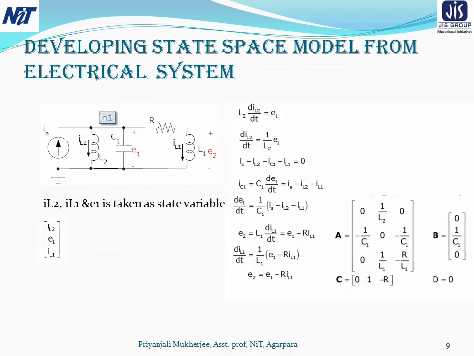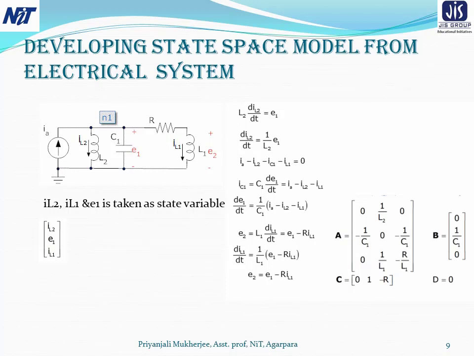B is a 3 by 1 column matrix, and the C matrix, also known as the output coupling matrix, is a row matrix of 1 by n, so here it is a 1 by 3 row matrix. In the same way, D is determined as 0, which is the input output coupling matrix. So in this way we can develop the state space model from the electrical system.